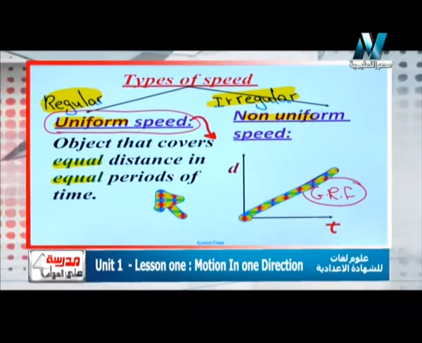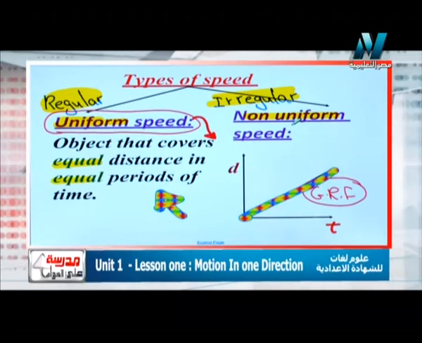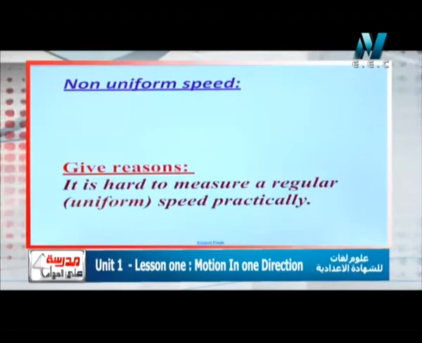We can call this speed in two ways: irregular or non-uniform speed.